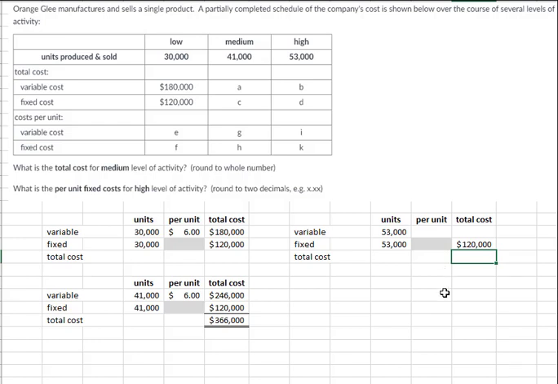It doesn't change with activity. We can calculate the per unit. That's fine. So the fixed cost per unit at that higher will be the 120 divided by the new units. So it'll be $2.26. Let me know if you have a question.